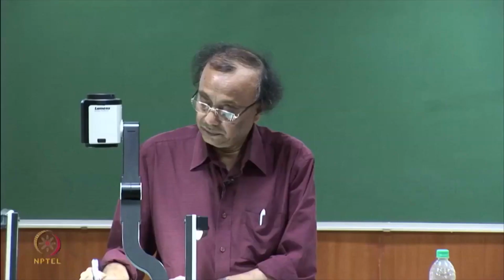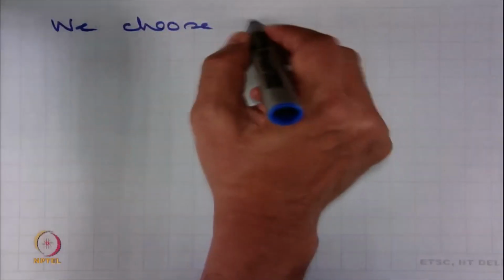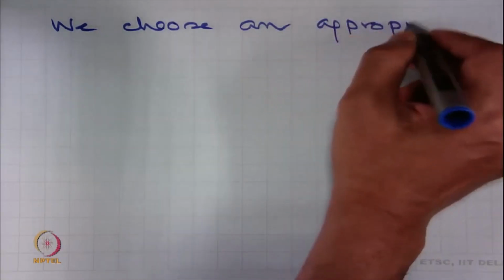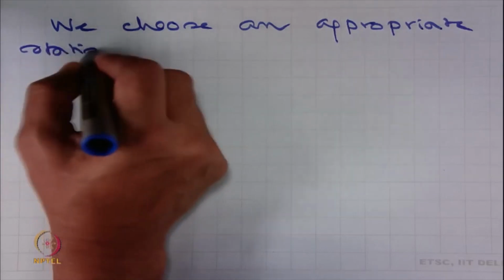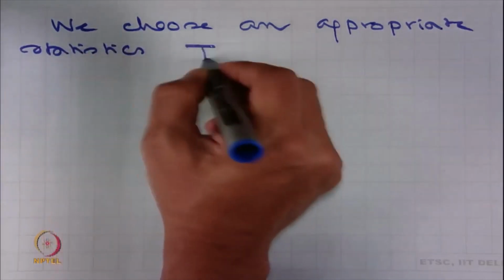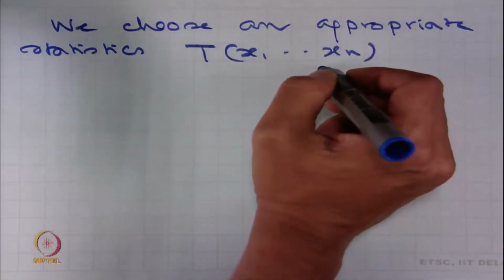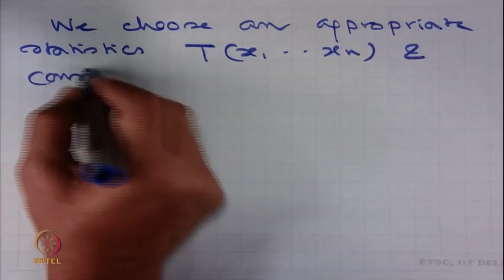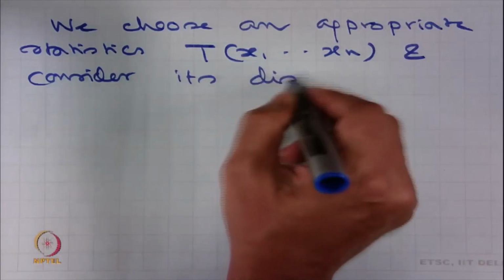That is, we choose an appropriate statistic based on x1, x2, xn and consider its distribution.